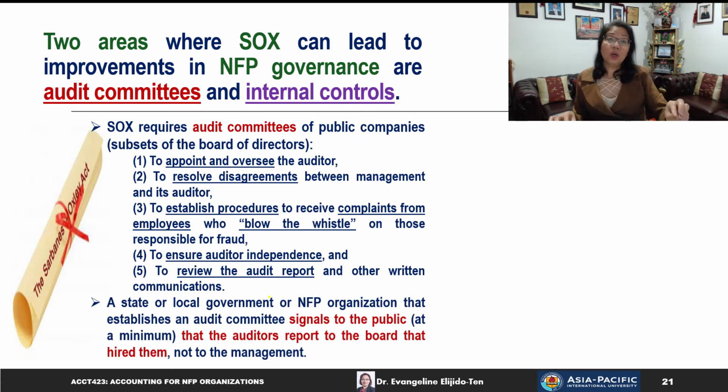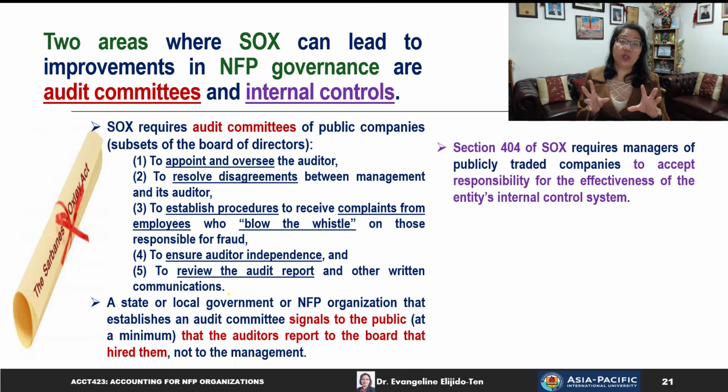So a state or local government or NFP entity that establishes an audit committee will signal to the public, at the minimum, that the auditors' report to the board that hired them can provide assurance to the public, because the auditors report to the board that hired them, not to the management.